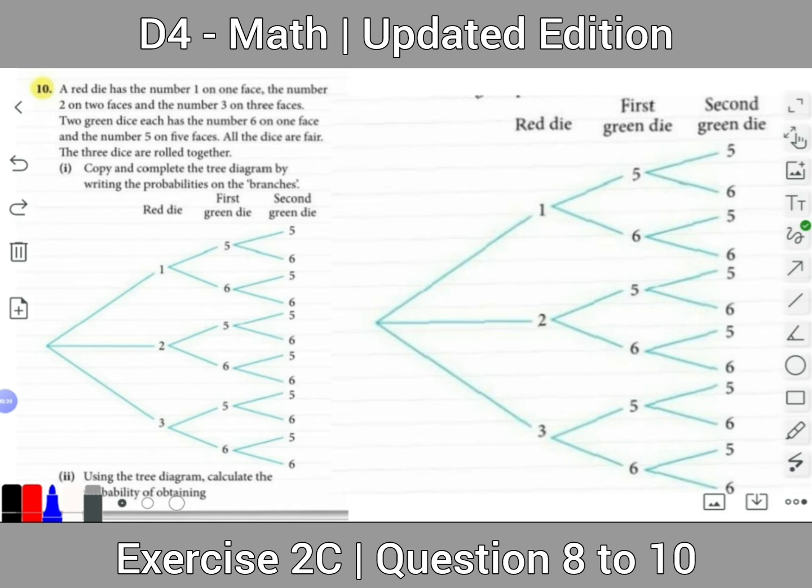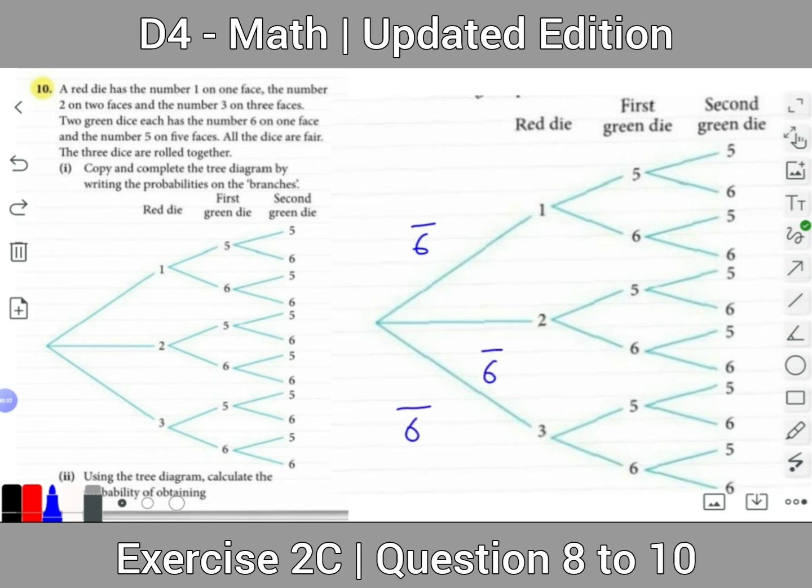In the case of the red die, the die has 6 faces, so the number of total outcomes is 6.